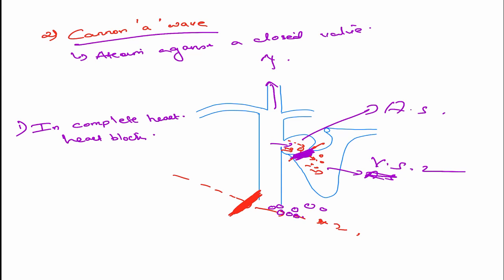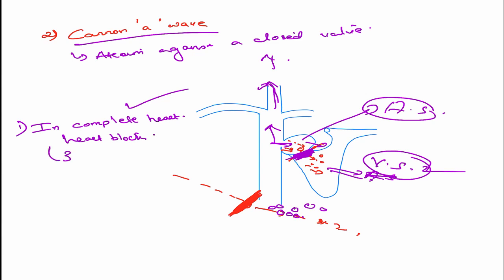But at the same moment, due to complete heart block, the atrium is also contracting, so the atrium has to contract against a closed valve. So the pressure buildup is so high that we get a cannon wave. So this is the first reason, complete heart block or third degree heart block.